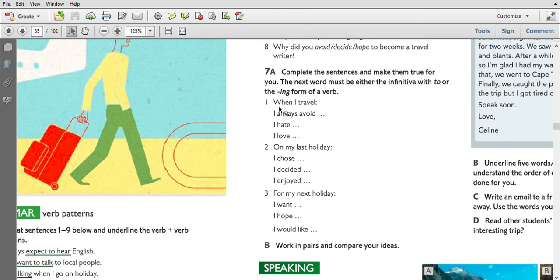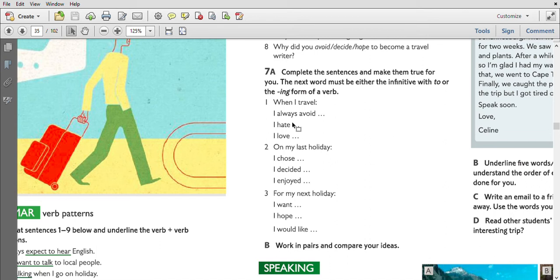Or I can say I always avoid going to crowded places. I hate, for example, polluted cities, or I hate traveling by car, or I hate to travel by car.